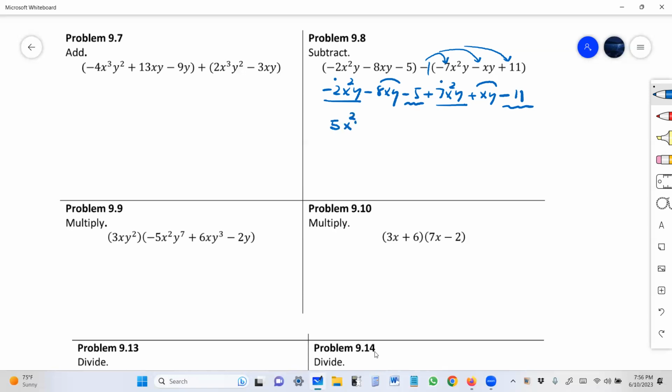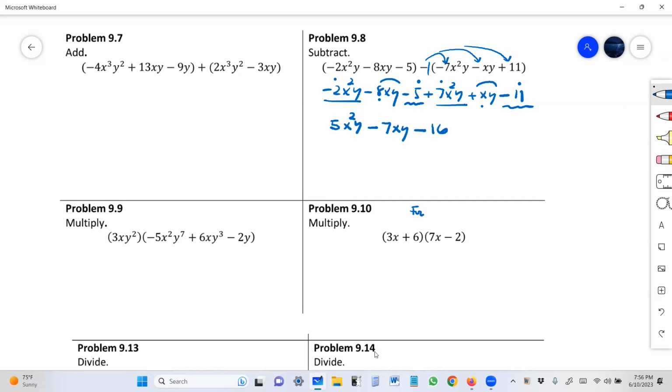And then we just attach the x squared y. For the minus 8 and positive 1, I get minus 7, and then we just attach xy. And then minus 5 minus 11, minus 16. It's very straightforward. We remove the parentheses, apply the minus 1, and then combine like terms.